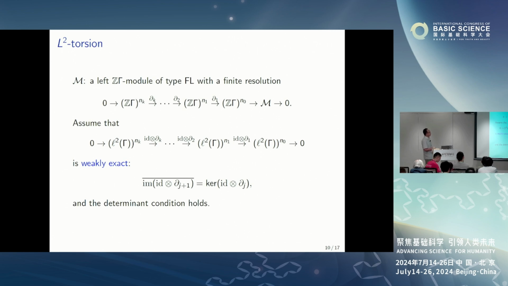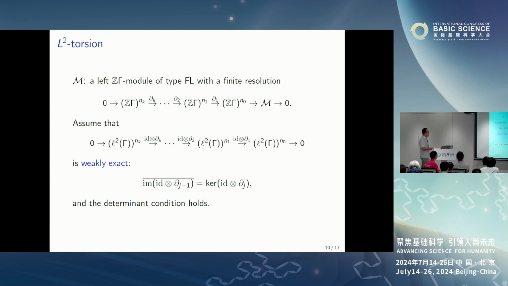So basically, you can say there is no homology involved. Everything is still exact. That's why it's called weakly exact. You can ask what happens if they're not equal. If they're not equal, then you can look at the difference there. Then you get to the L2 Betti number. So L2 torsion is the secondary invariant. You only care about it when all the L2 Betti numbers are 0.